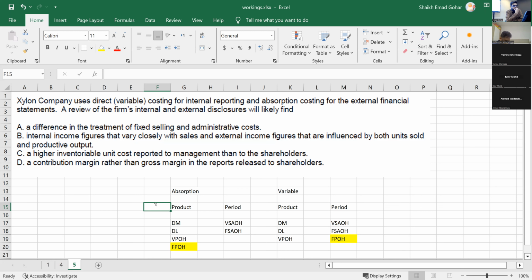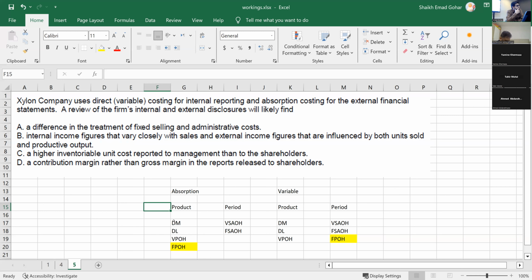Yes, Tahir. So yes, got it. If they are saying difference in the treatment of fixed manufacturing cost, then it's okay, because the yellow highlighted is the fixed production overhead, not the selling and admin. On selling and admin, the methods are on the same page.